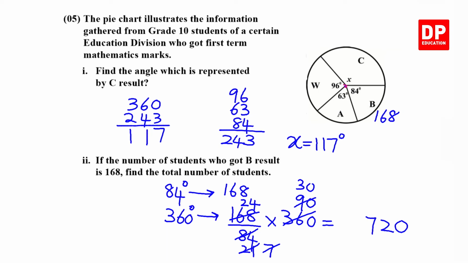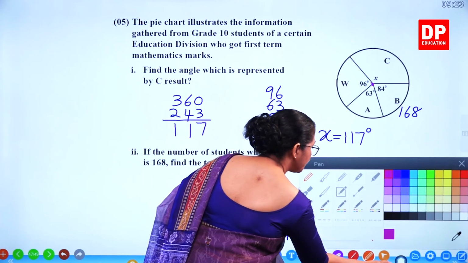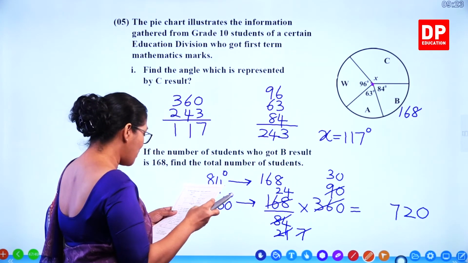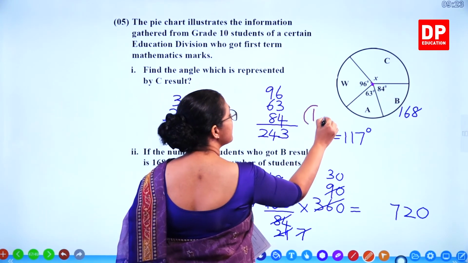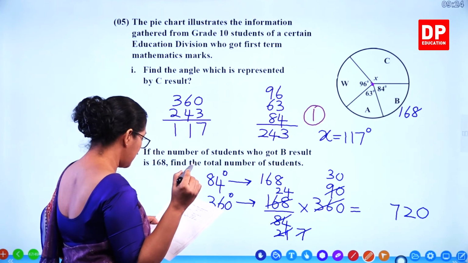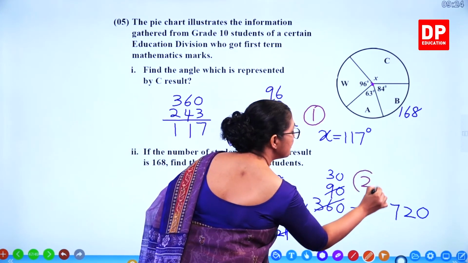So altogether 720 students in this class, grade 10. So we'll see how many marks for these two parts. According to the marking scheme, you get only 1 mark for finding this angle, and for 720, you get 2 marks.